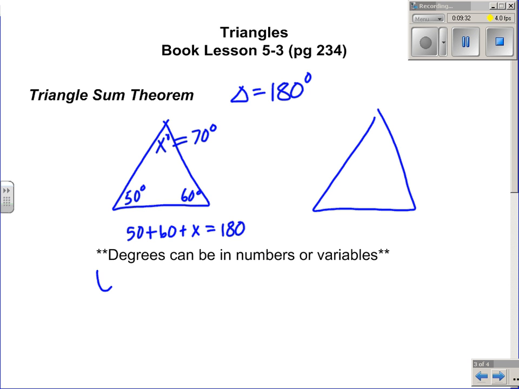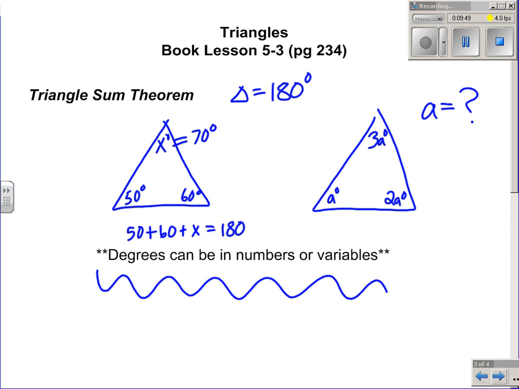As you see below, angles can either be in numbers like we just did, or they can be in variables. So they might say here is a degrees, here is 2a degrees, here is 3a degrees. Find the value of a. Well, we know that if we add all of the angles, they total up to 180 degrees, which means we then have 6a equals 180, so a equals 30.